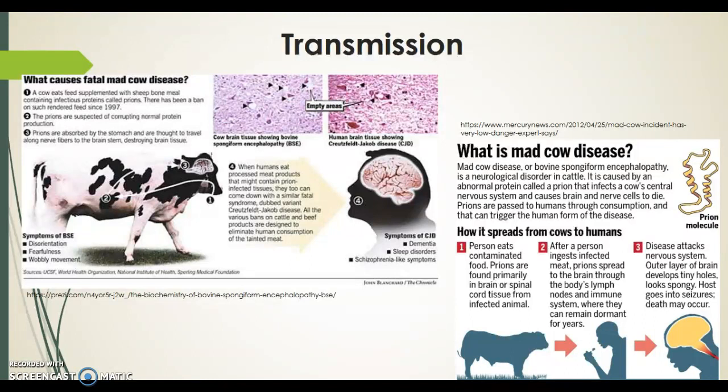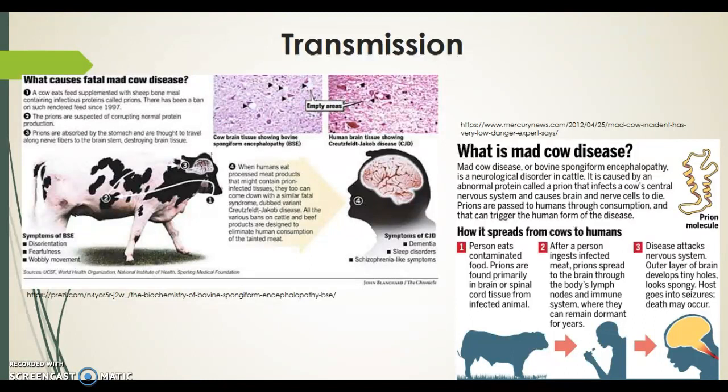Obviously, they can also infect humans. So when humans eat processed meat products that might quite possibly contain prions, they can end up with a similar fatal syndrome. But this one is dubbed a variant of Creutzfeldt-Jakob disease. So what happens is that the person eats the contaminated food, right?